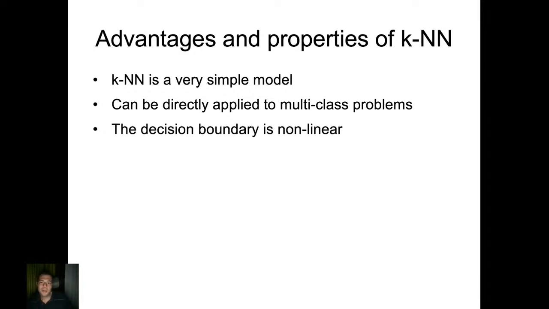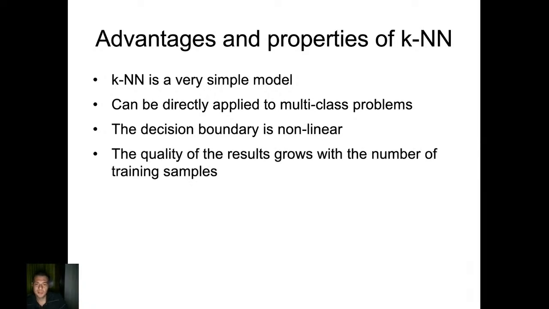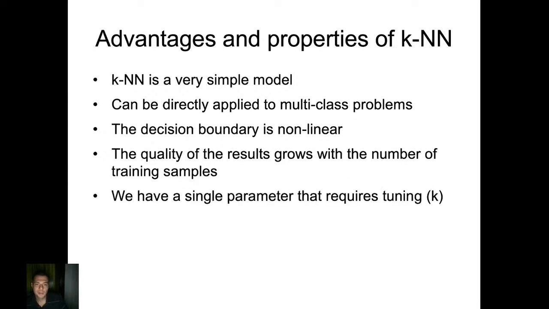Also, you have a nonlinear decision boundary, so it can solve nonlinear classification problems. So this is yet another advantage. And also the quality of the results grows as you have more and more training data. So the model doesn't saturate if you have a lot of training samples.